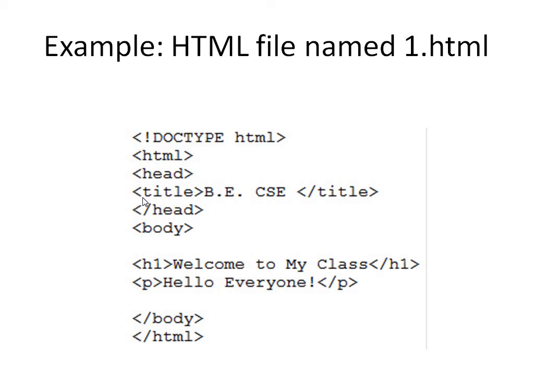Let us simply go through what we need right now. This is the title tag, where we are giving BECSE, and this is H1, which means heading, so I want this to be in the heading. Next, this is the paragraph, tag P. Here I am typing just hello everyone. This is the structure that we are defining using the HTML language.